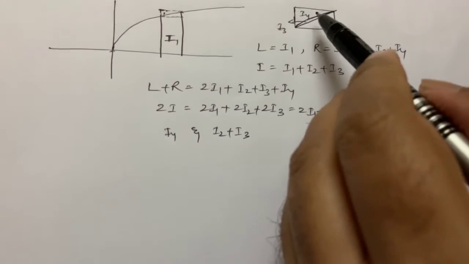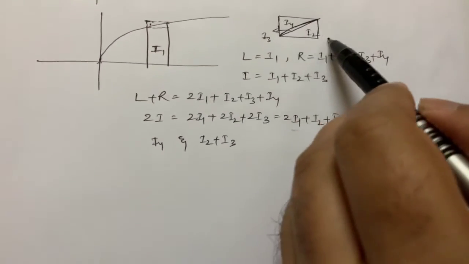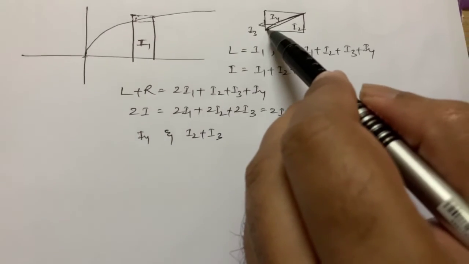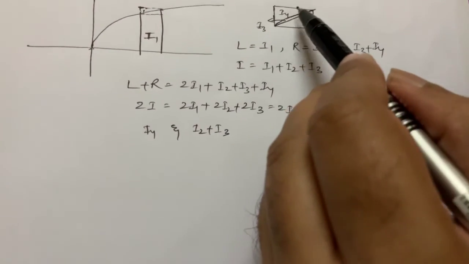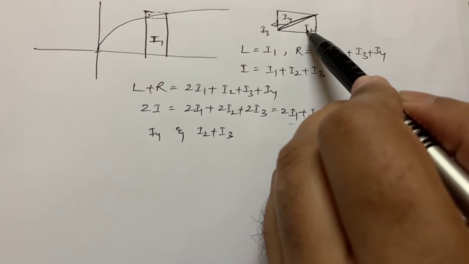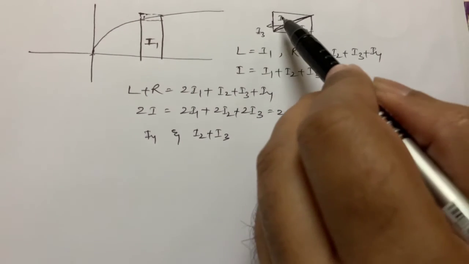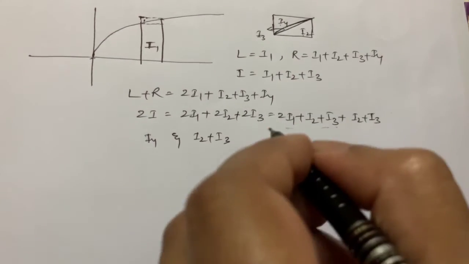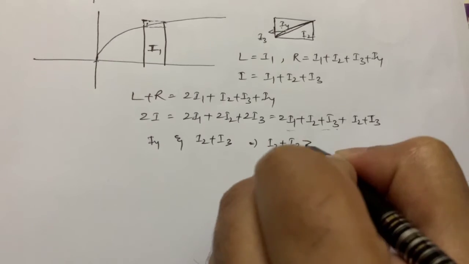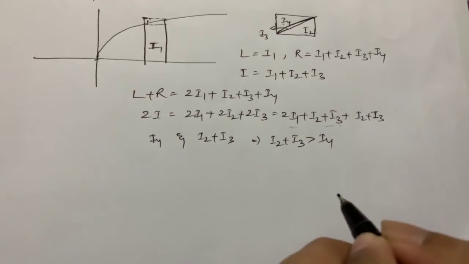If you see the diagram, I4 is clearly less than I2 plus I3, because if you draw a line, this area and this area are equal. So, I3 plus I4 is equal to I2. So, I2 plus I3 is greater than I4 clearly.